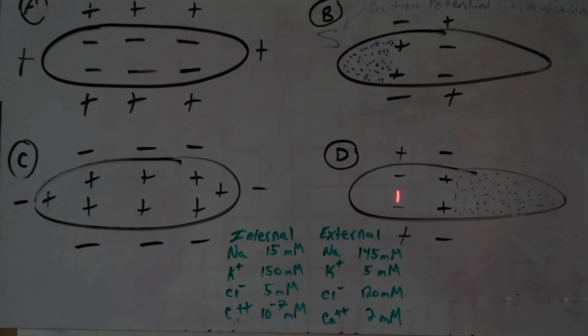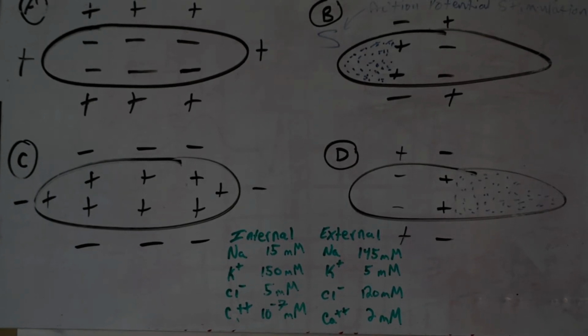And the same can be said for the reverse. So in D over here, where the cell is returning to a resting state, this is called repolarization. So in repolarization, we have the potassium coming back into the cell and the sodium leaving the cell.